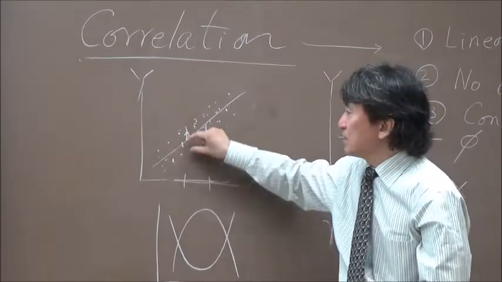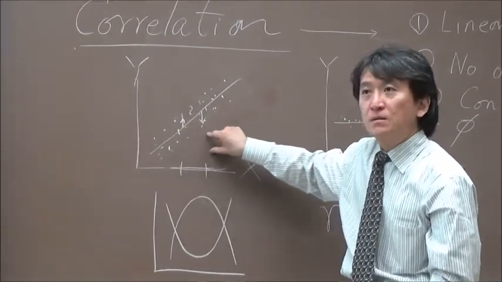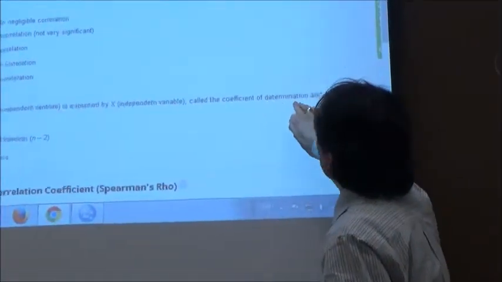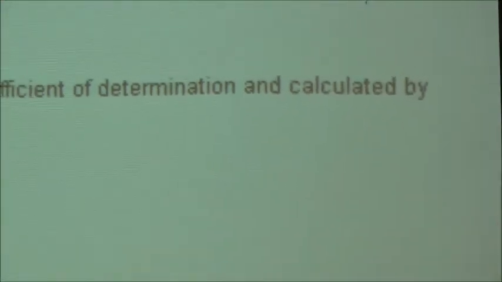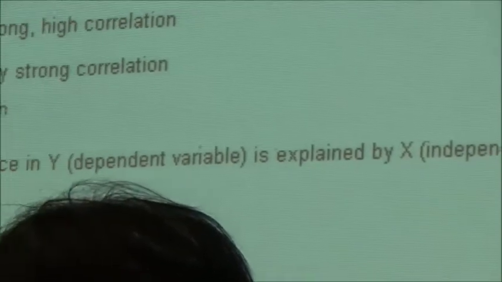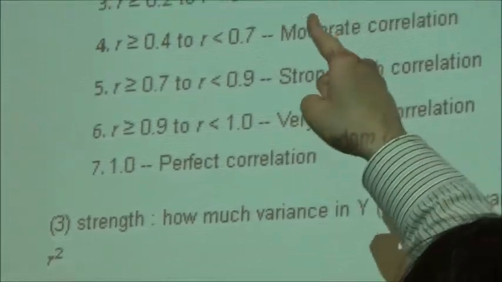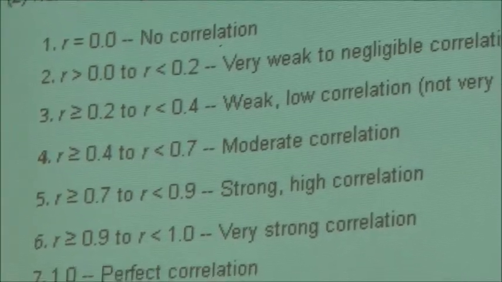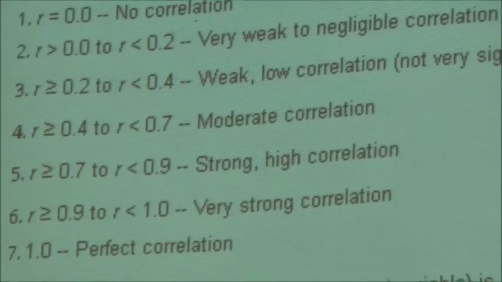How much variance can be explained by X? It's called the coefficient of determination and calculated by simply squaring it. Please jot down: simply squaring plus 0.42. That's the amount of variance explained.